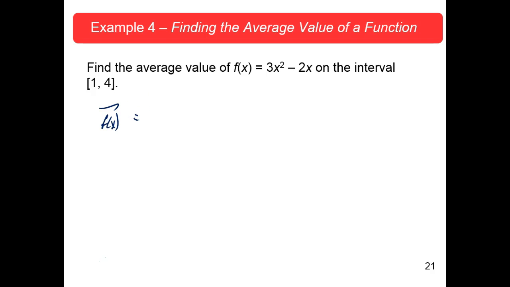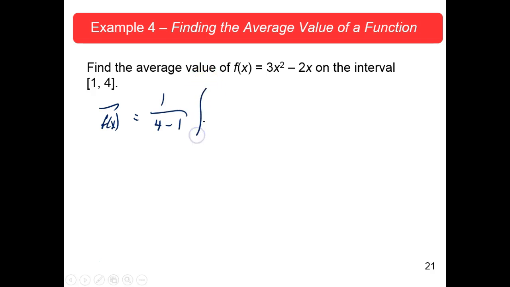From what we just did? Started with 1 over something. What was that? b minus a. In this case, that would be 4 minus 1. Perfect. Times what? What's the rest of it? Trying to wake people up here.